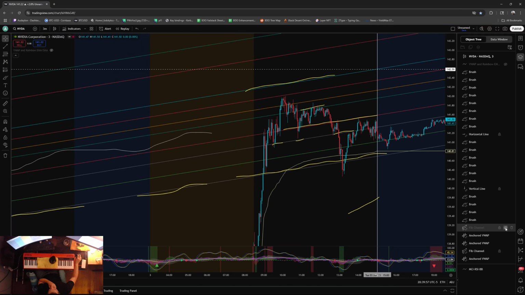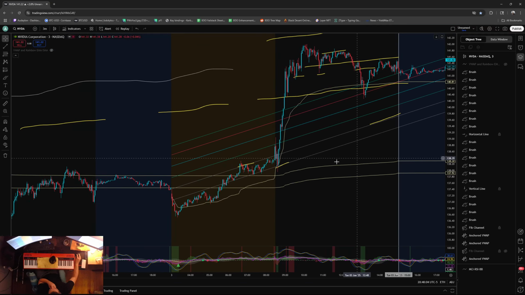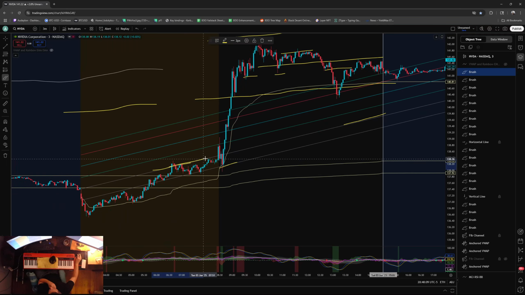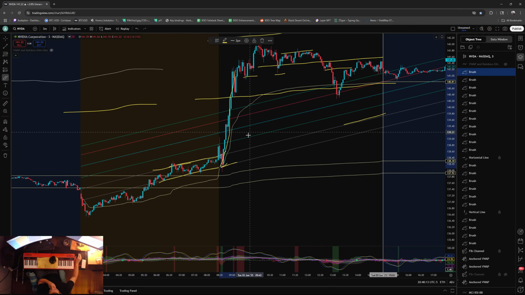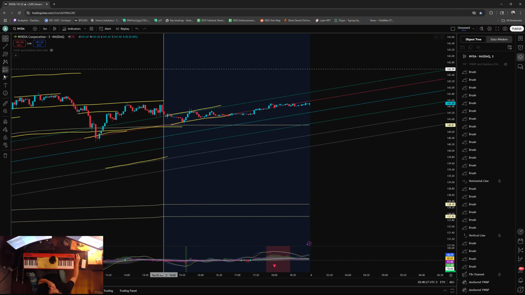If we turn off this fib channel, and see how much it utilized today's fib channel, we can see down here it was respected, but it just kind of said adios fib channel, see you later, see you never, actually, and then started using the fib channel in the afternoon and in the after hours, right? And then continuing into the after hours for NVIDIA, right?